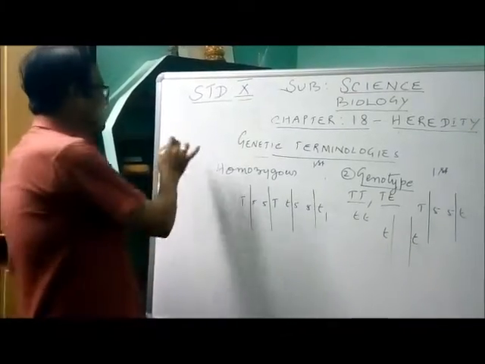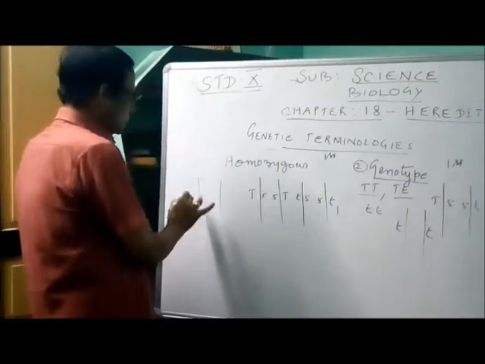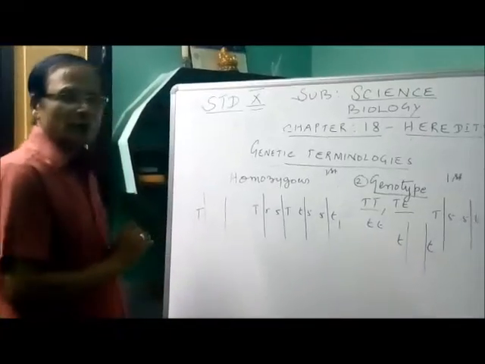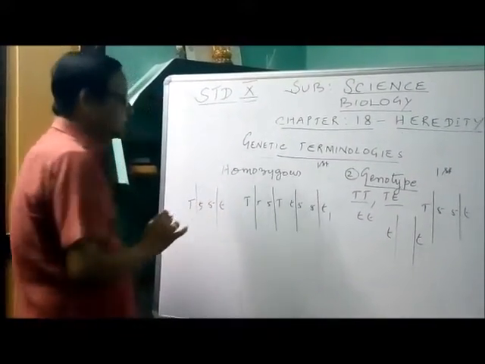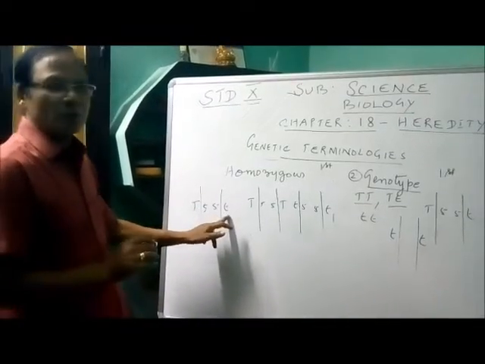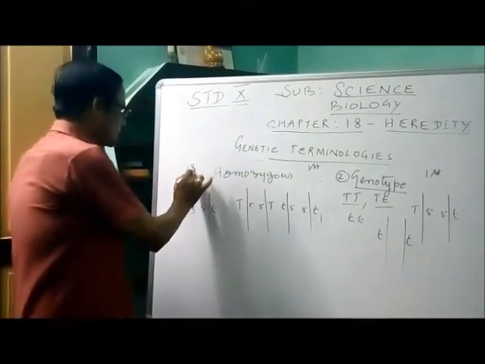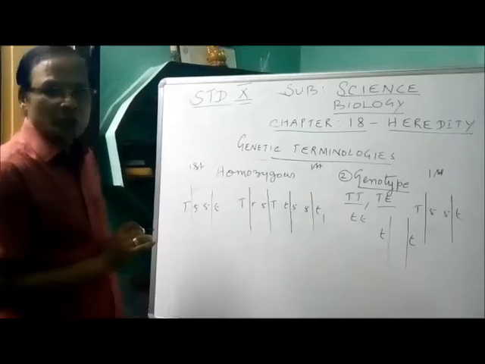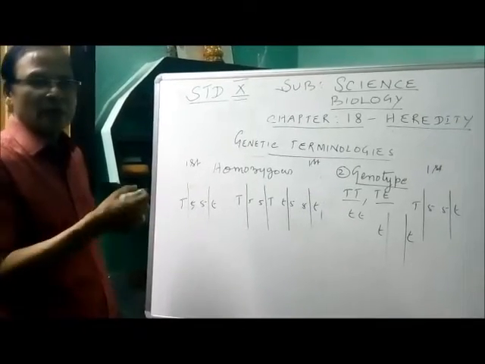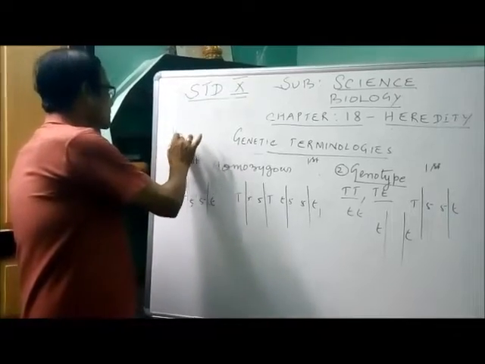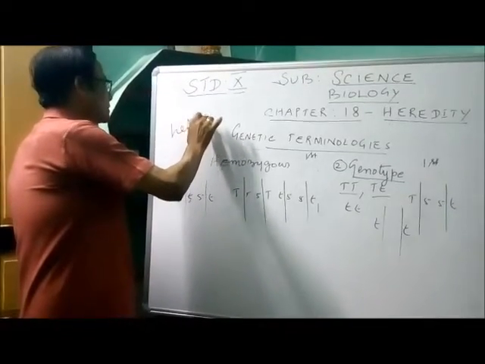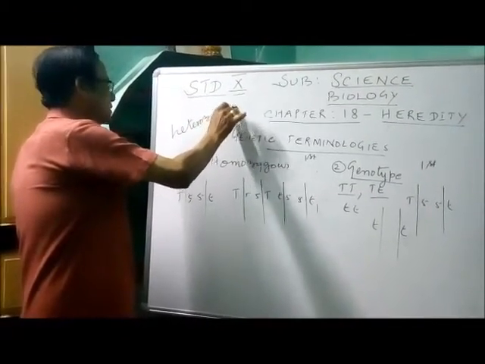Then if we are taking another one, suppose we have capital T in one and small t in the other at the fifth locus. Here there are two factors in homologous chromosomes, and they are not similar, they are unalike. Such a condition is called the heterozygous condition.